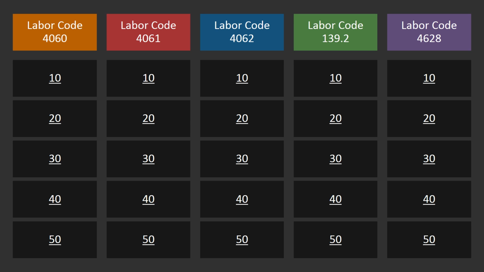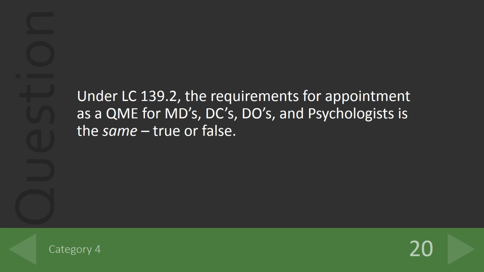Okay, so let's go to Labor Code 139.2 for 20 points, please. True or false? Under Labor Code 139.2, the requirements for appointment as a QME for MDs, for DCs, for DOs, and psychologists is the same. Is that true or is that false?